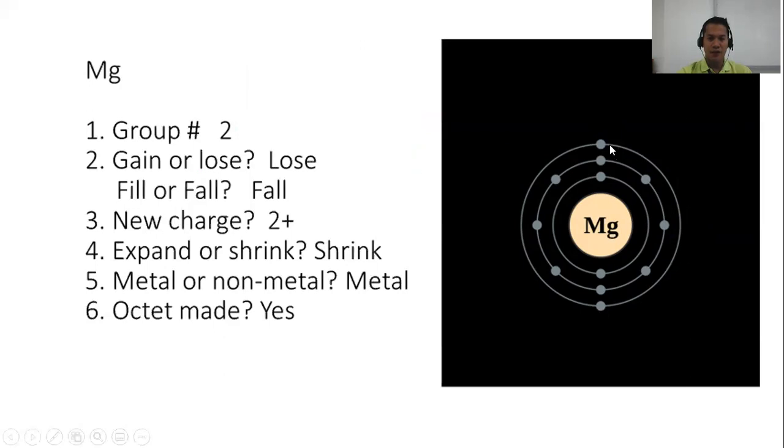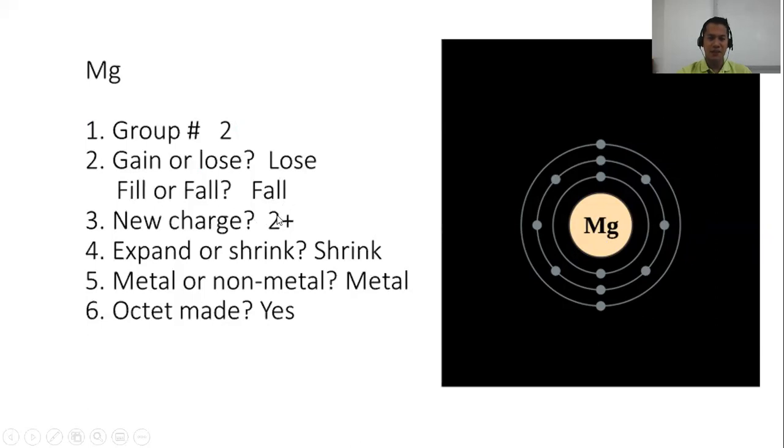Losing means these electrons will be given away, and then fill or fall. So that means this will be out already. Now, what's the new charge? Since I have 12 protons and 10 electrons, that means I will have an extra 2 protons, 2 positive.